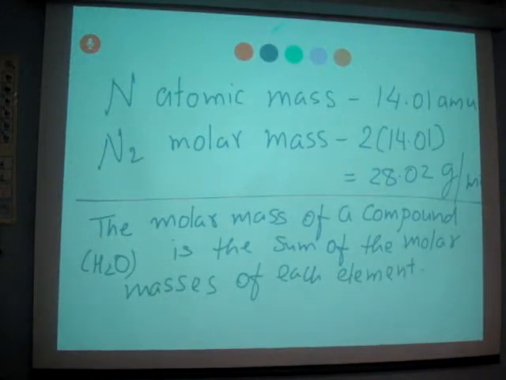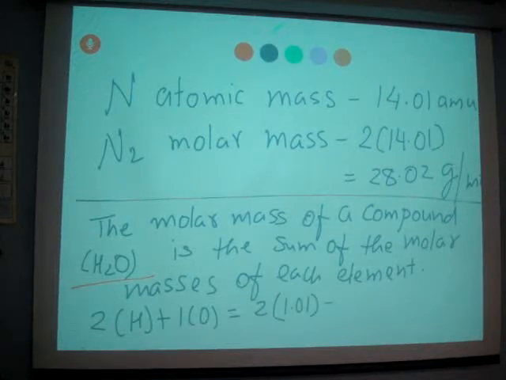Remember I gave you an example of H2O. How do we find the molar mass of H2O? There are 2 hydrogen and 1 oxygen. Now looking at the periodic table, hydrogen is about 1 and oxygen is about 16. So in total you get about 18.02 grams. That's the molar mass of H2O. That's how you can calculate the molar mass of H2O.